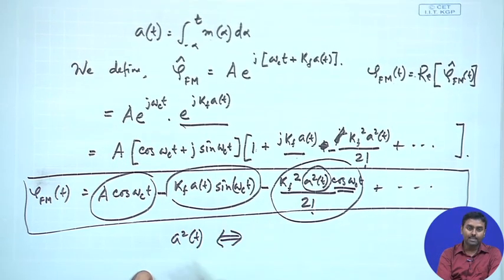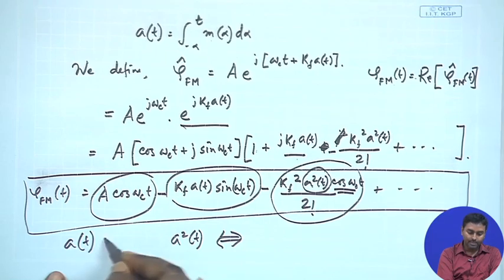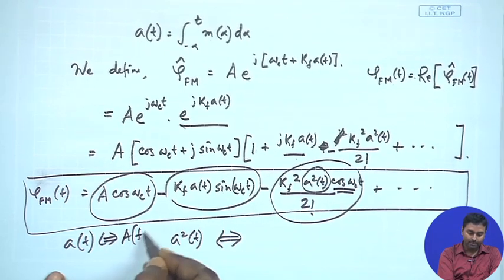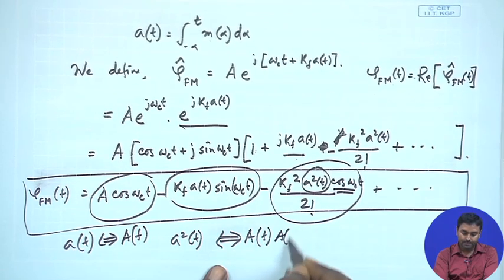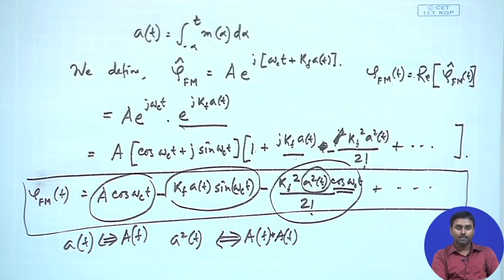What happens in the frequency domain? Whatever is multiplied in the time domain, in the frequency domain, suppose A(t) has Fourier transform A(f), that should be convolved. We have already proven that when two things are convolved, if both are the same, you convolve with itself and the band becomes twice.